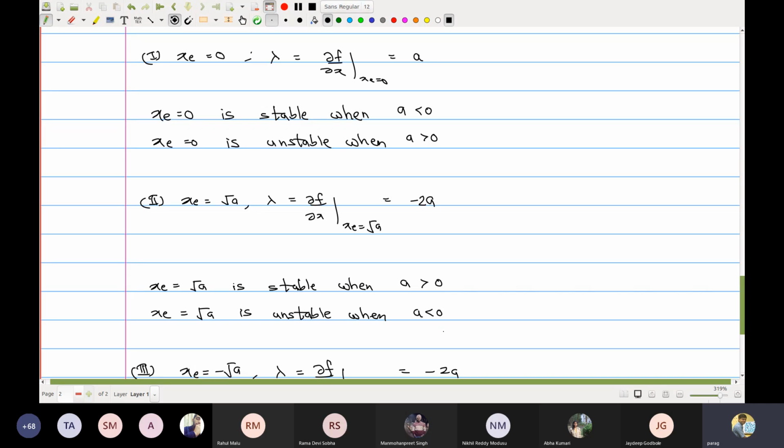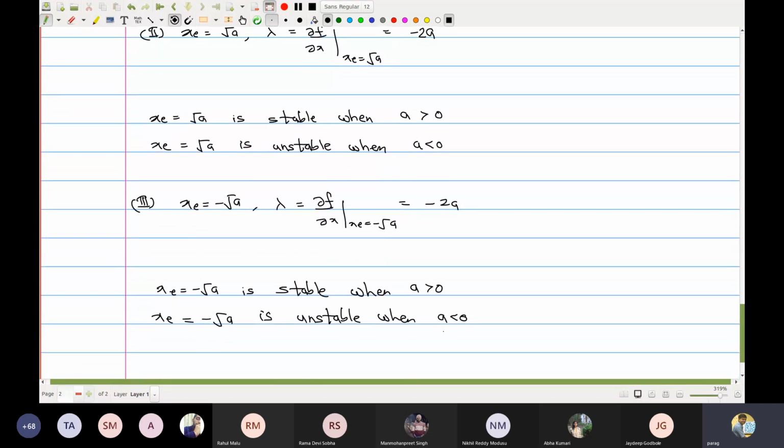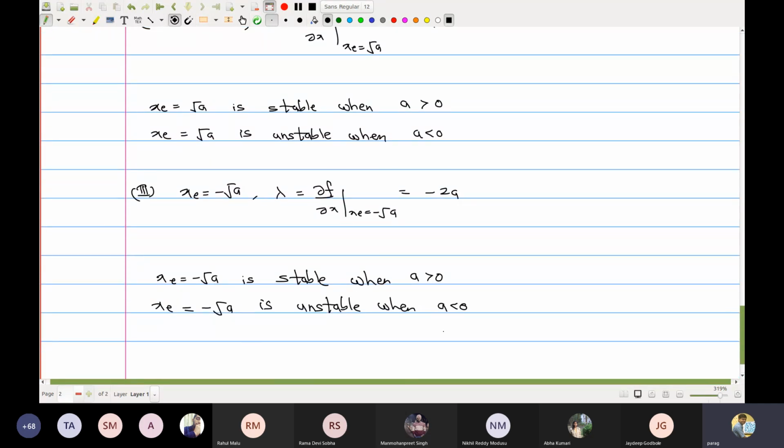X equal to 0 is stable when a is less than 0, unstable when a is greater than 0. X equal to root a is stable when a is greater than 0, unstable when a is less than 0. And xe equal to minus root a is stable when a is greater than 0, unstable when a is less than 0.